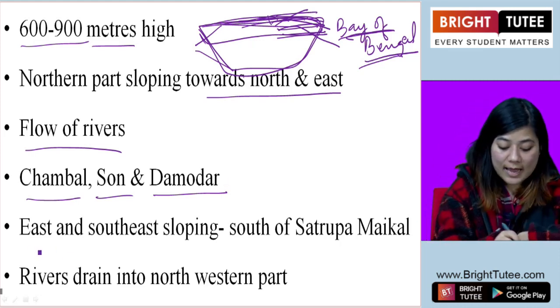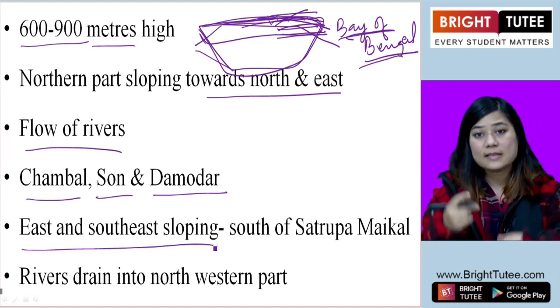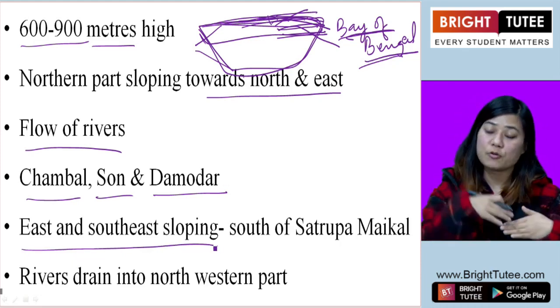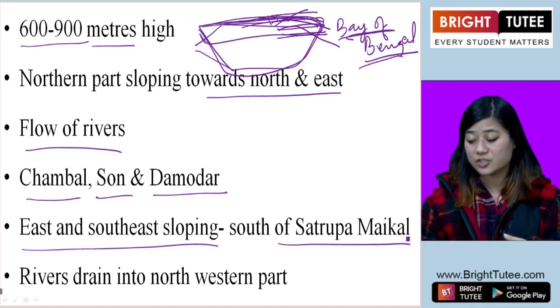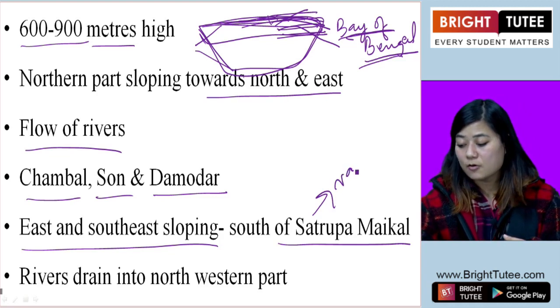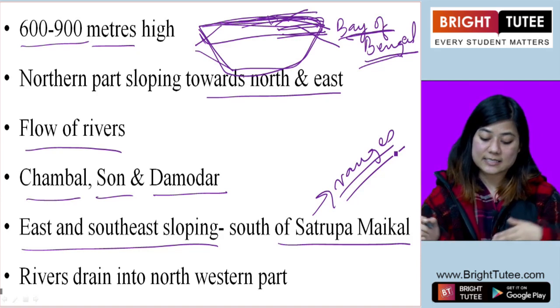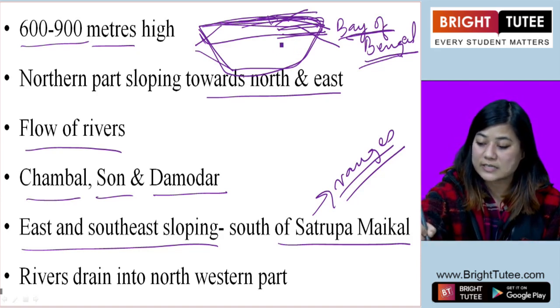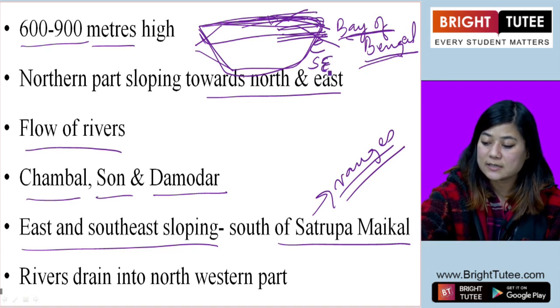Now when you look at the east and the southeast sloping, it happens in the south of the Satpura Maikal ranges. These are also hilly ranges. East is this one, and southeast is this region.